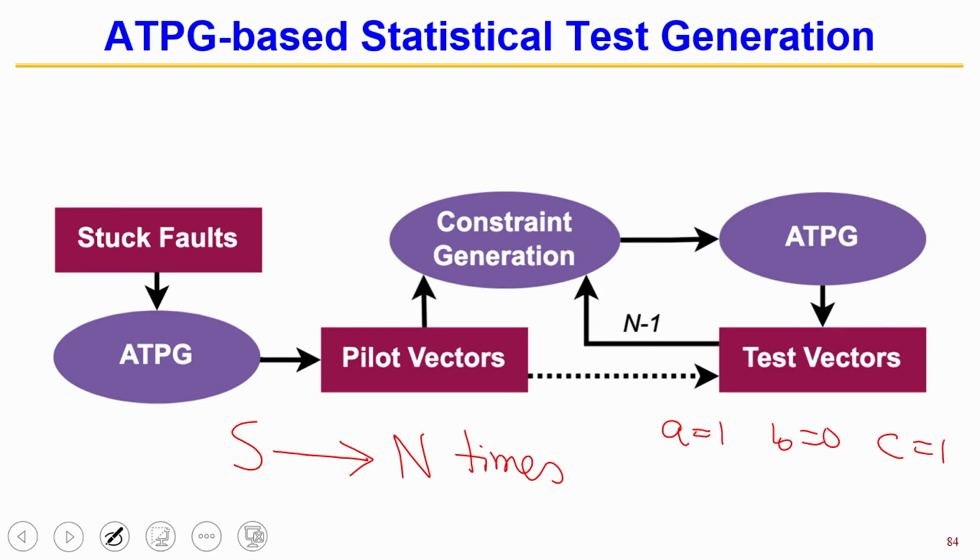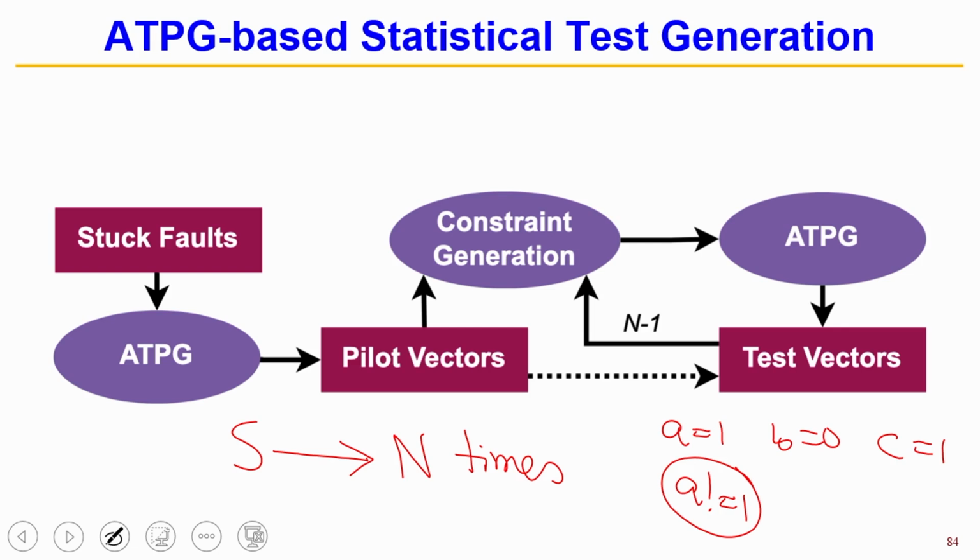What you want then is, next time you ask the question, in addition you provide as a constraint A not equal to 1, or A equal to 0. You can pose the question and give a constraint by negating one of the conditions in the solution. Then ATPG would be forced to give you an answer not the same one, unless there is no solution.